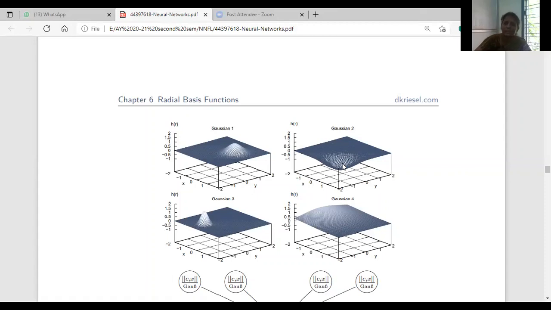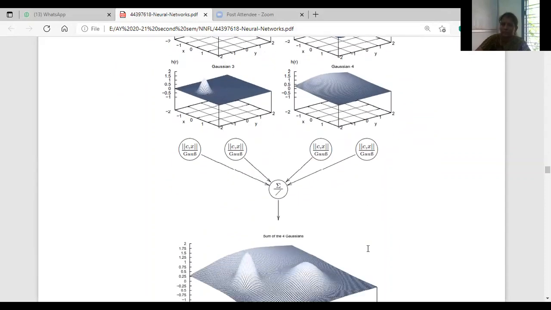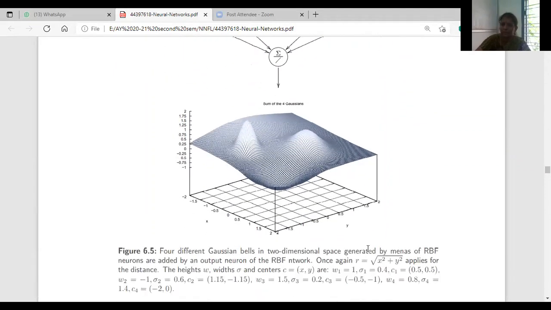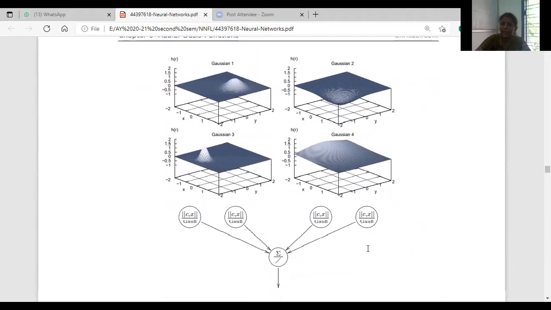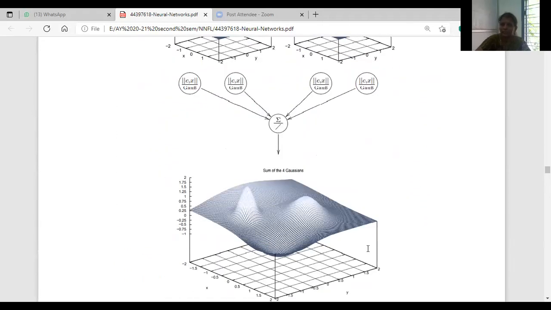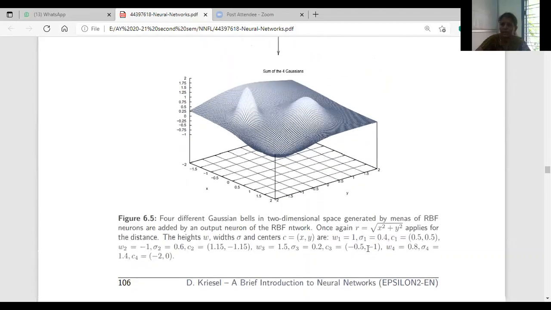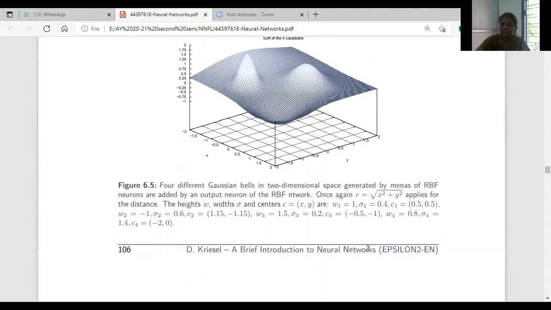Next, Gaussian 3 is also slightly away from your y-axis. And the fourth case is completely on the opposite side. So the sum of all these four Gaussian bell functions gives the resultant graph mentioned.